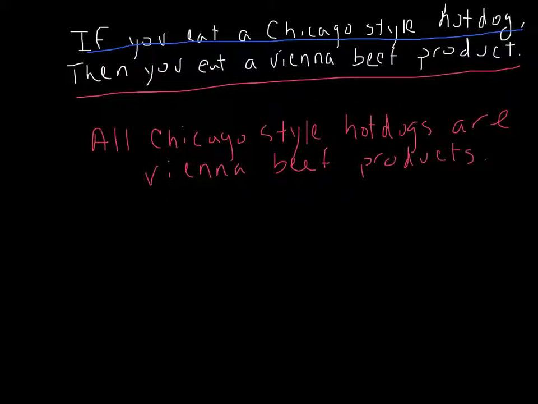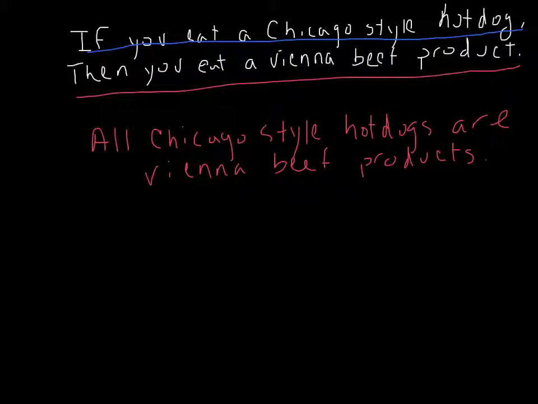There you go. So there is your rewriting. Does that make sense? All Chicago-style hot dogs are Vienna beef products. So if you eat a Chicago-style hot dog, then you eat a Vienna beef product. If we rewrite that, all Chicago-style hot dogs are Vienna beef products. There you go. It's just that simple.